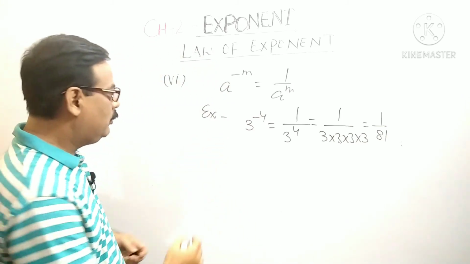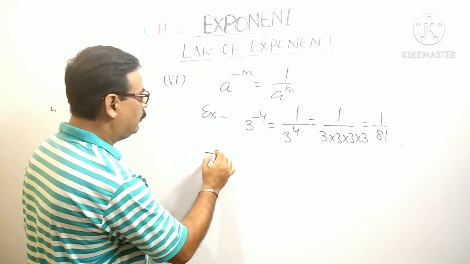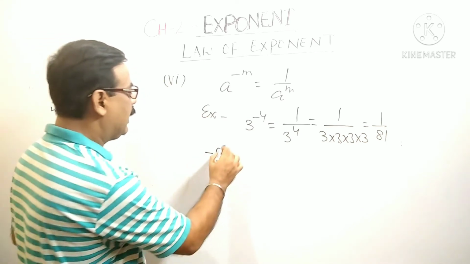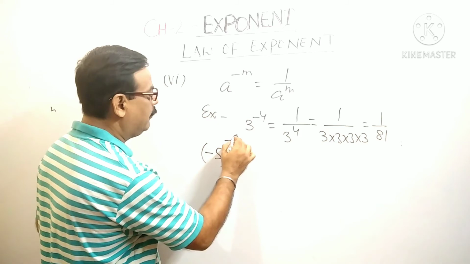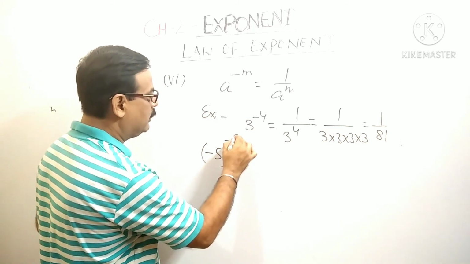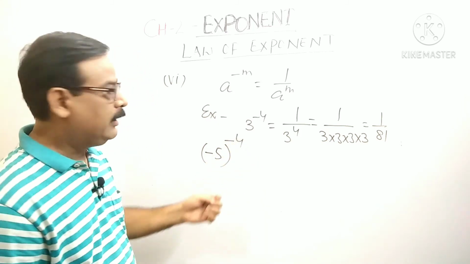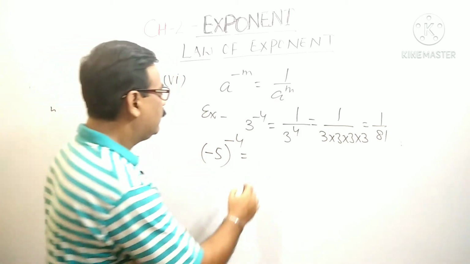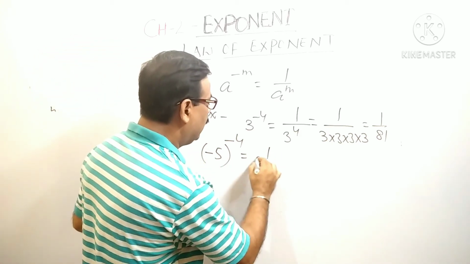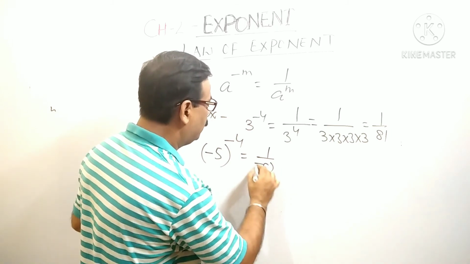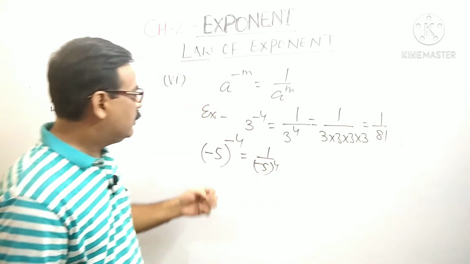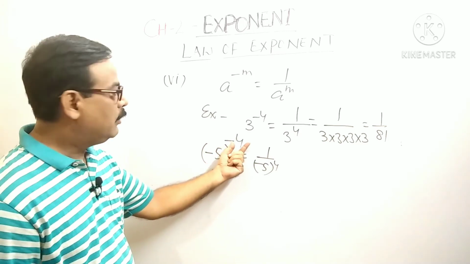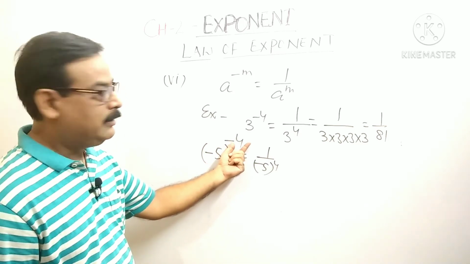From another example, let us see a negative base which has a negative integer power, that is minus 4. According to the law of exponent, we write 1 by minus 5 and the power is 4. The number is just reciprocated because we have to convert into a positive integer power.